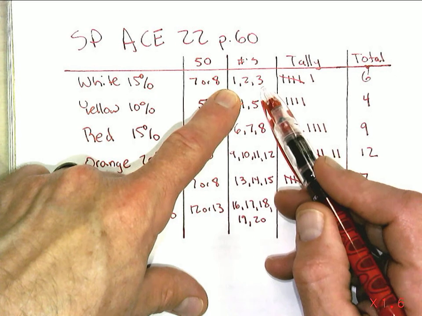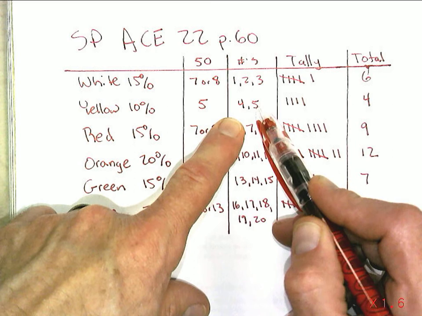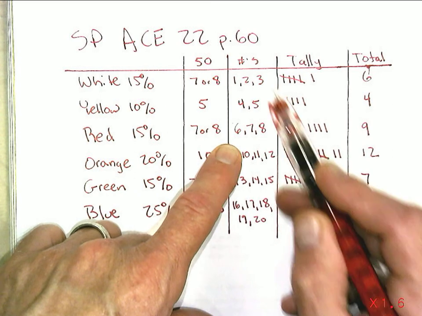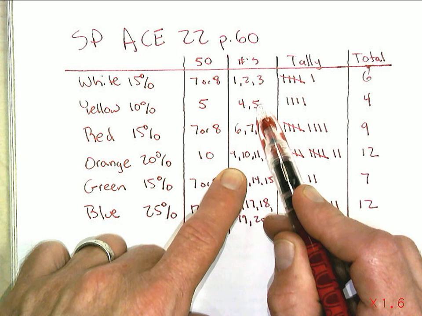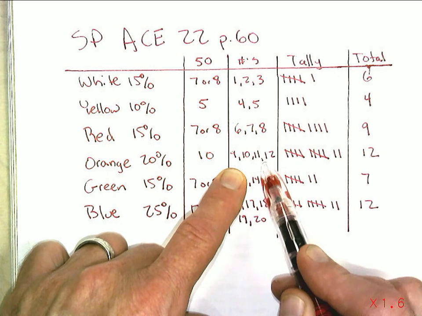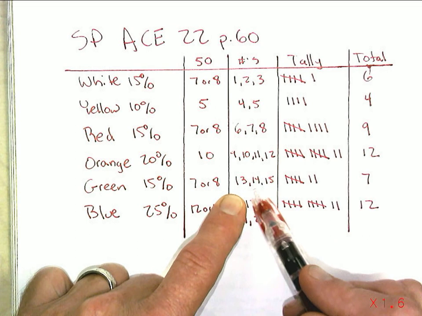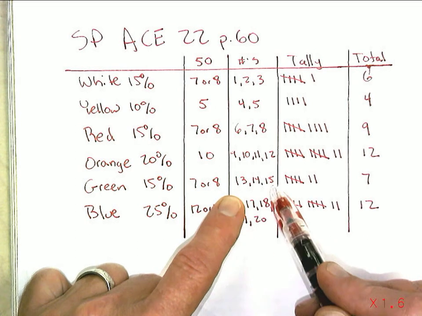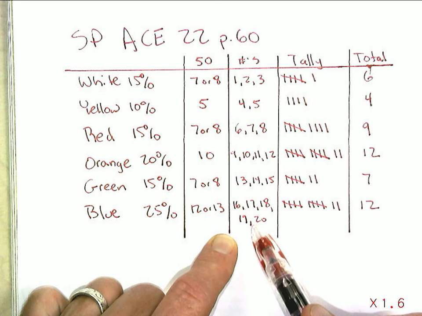I took the first 3 numbers, 1, 2, 3, for white, 4 and 5 for yellow. We know 15% is again 3 numbers. 20% is twice as much as 10%, so 4 numbers, 9, 10, 11, and 12. And again 15% is 3 numbers, 13, 14, 15, and the rest, the other 5 numbers, are 1/4 of 20, are these numbers.